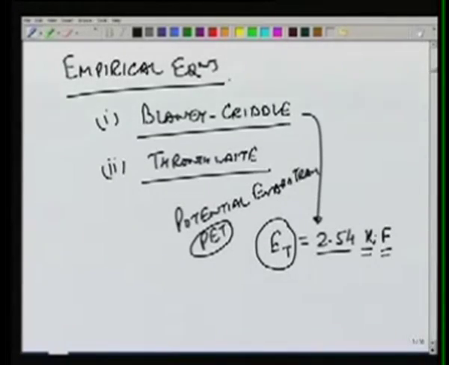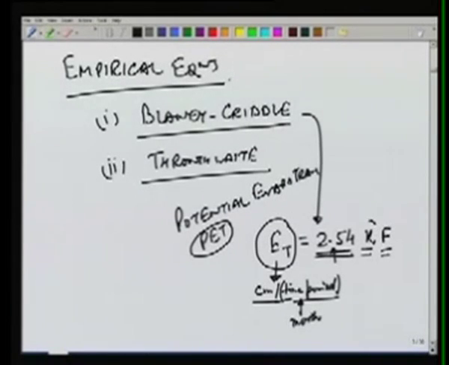So this equation relates ET with 2.54. As I said, originally it was in inches per day, and then it was converted to centimeter. This is either per day or whatever time period, so I will write per unit time period. Typically a month is taken, so this time period would be in a month.